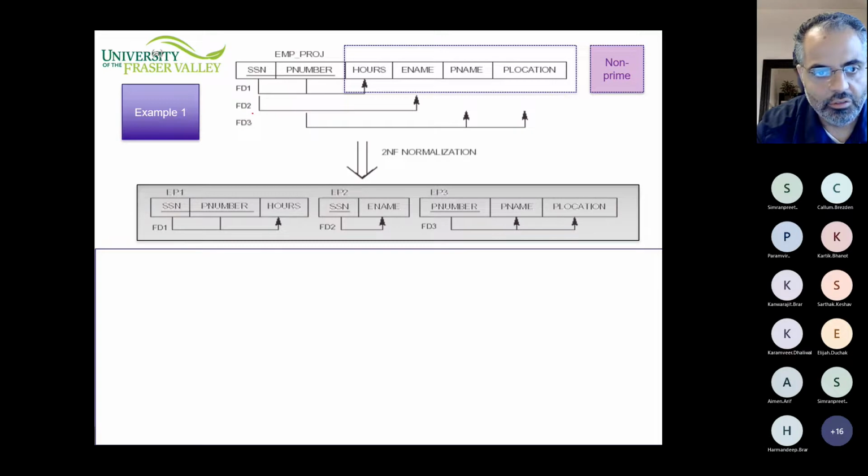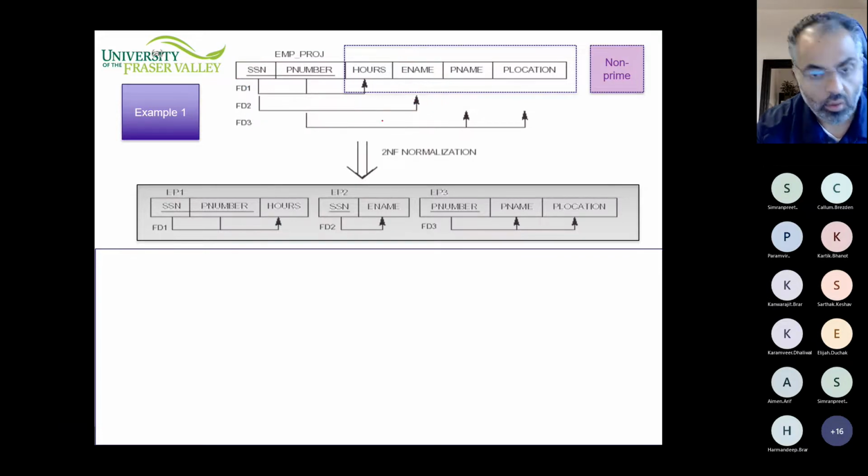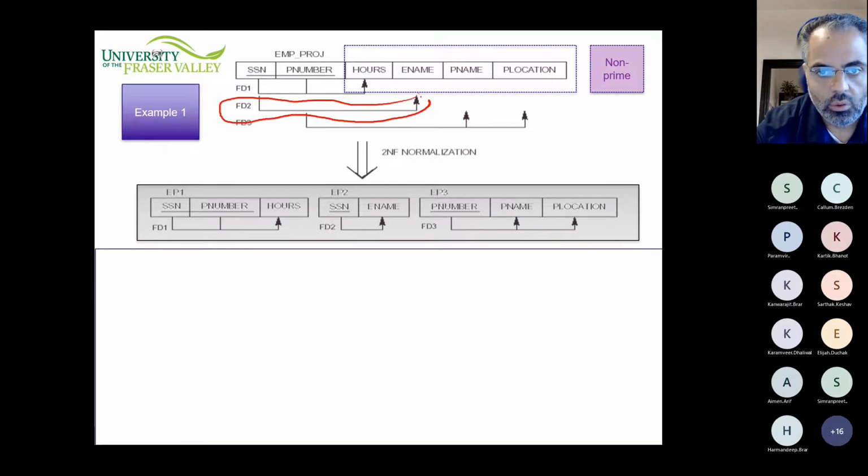And now we have another FD, FD2: SSN gives ename. Again, we build the FDs based on the data, where there's a relationship between the attributes, as we have already discussed. When we say X gives Y, it means that X is related to at most one value in Y.